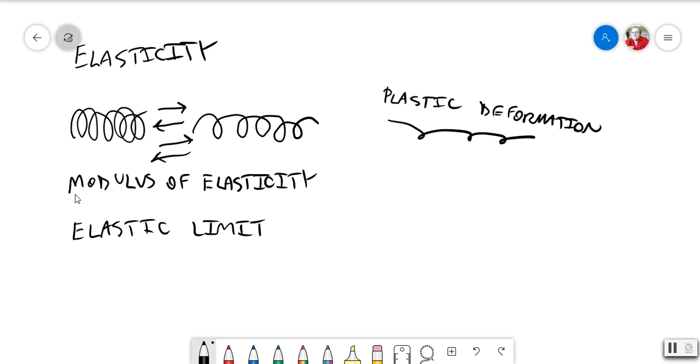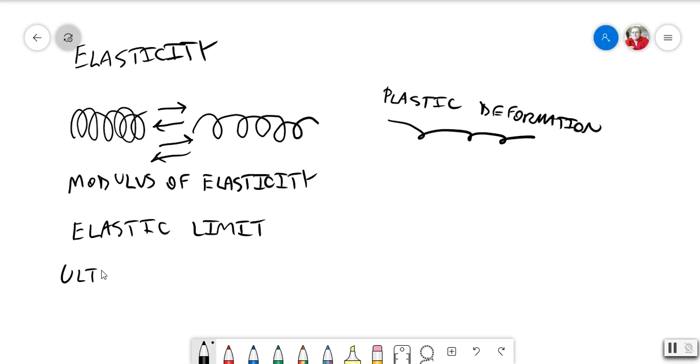And once that has happened, it is no longer capable of going back to its original state. So when you get to the elastic limit, it no longer gets longer or shorter.